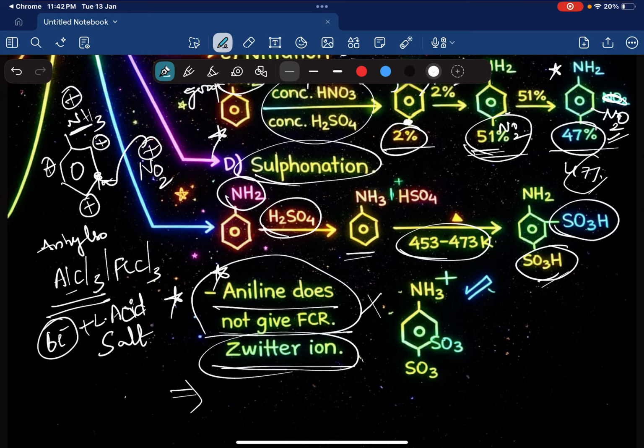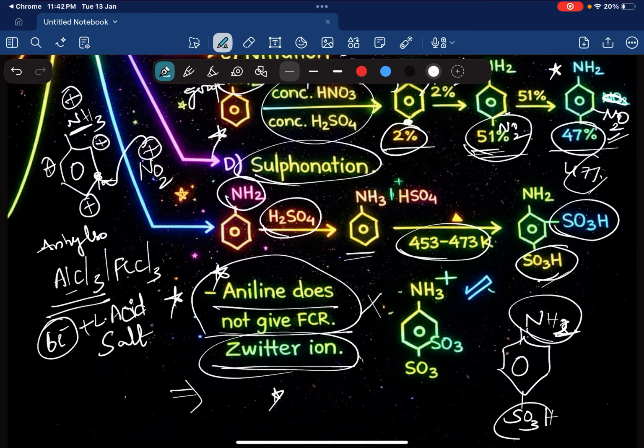And coming to Zwitter ion. Zwitter ion means at neutral pH or isoelectric pH. If you take NH2SO3H, this is a basic group and this is an acidic group. So at isoelectric pH, the H plus ion is accepted by NH2 and becomes NH3 plus, and SO3H becomes SO3 minus.